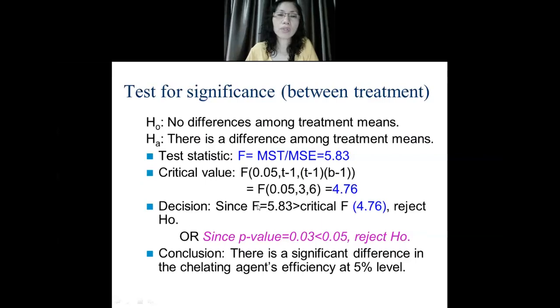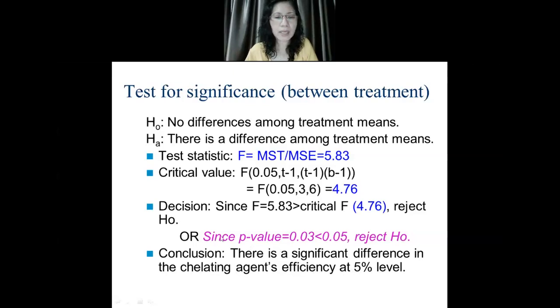Since F equals 5.83, which is bigger than the critical F value of 4.76, we reject the null hypothesis. The null hypothesis of no differences among treatment means is rejected. We accept the alternative that there is a difference among the treatment means. So our conclusion is there is a significant difference in the chelating agents' efficiency at the 5% level.